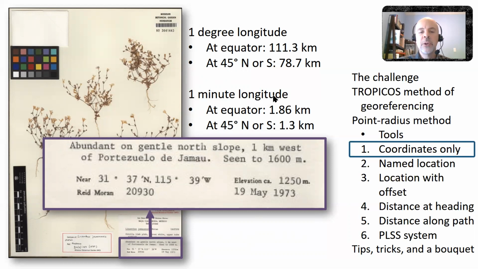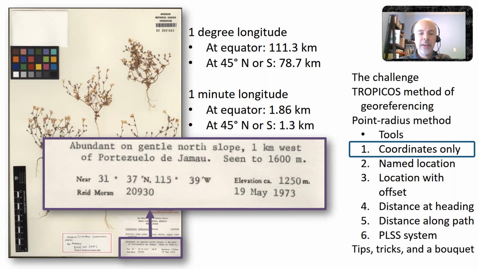Likewise, if we were to look at the error inherent in recording a location to the nearest minute, just like this record here, and this is not at the equator, but if this is at the equator, then we would be only certain to within plus or minus 1/2 of this value, about 0.9 miles, something like that. So this is the kind of uncertainty, even when we have coordinates, that's inherent in this sort of description.